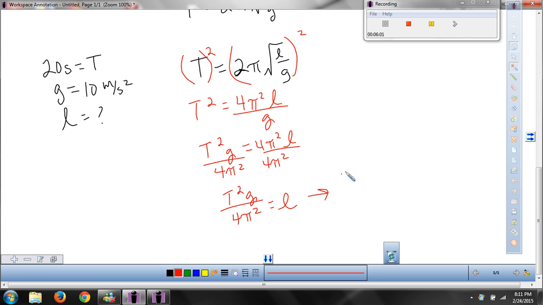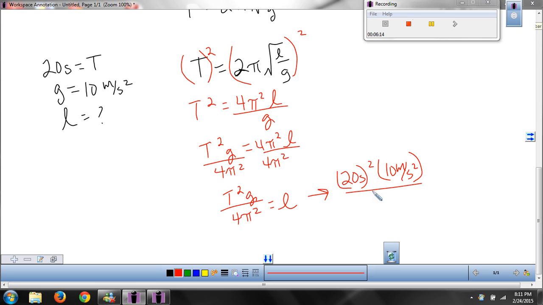So I'm going to square my period. My gravity is 10 or 9.8, depending on what your class is using. I'll go with 10 because I think that's what y'all might be using. And I'll have 4 pi squared. Well, so I don't have to mess with this all the time, I punched it in ahead of time into my calculator. Anytime I see 4 pi squared, it's the same thing as 39.4. So 20 squared is 400.